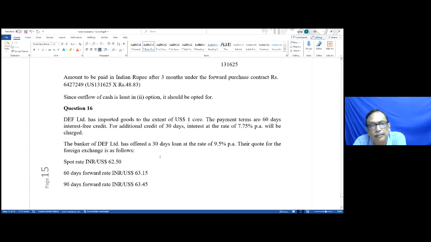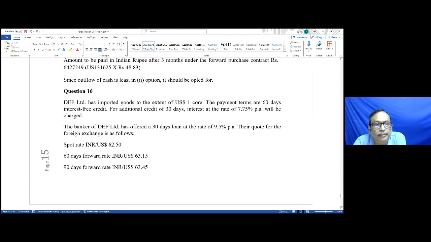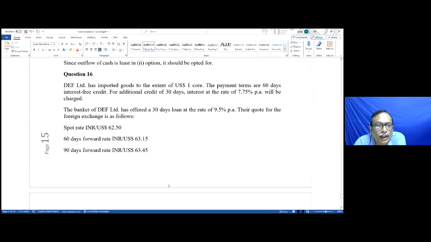Now we have the last problem. DEF Limited has imported goods to the extent of $1 crore. The payment terms are 60 days interest-free credit. For an additional period of 30 days, interest at the rate of 7.75% per annum will be charged.